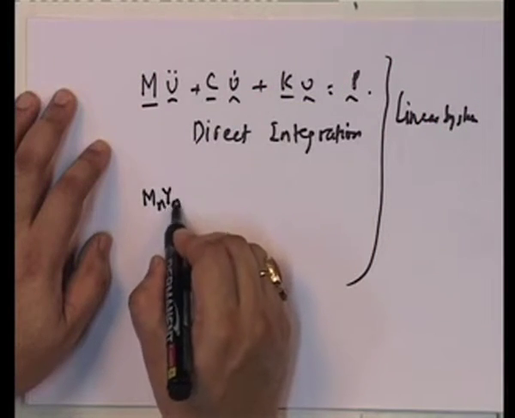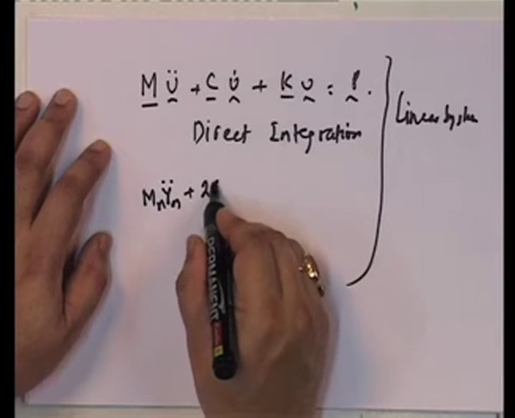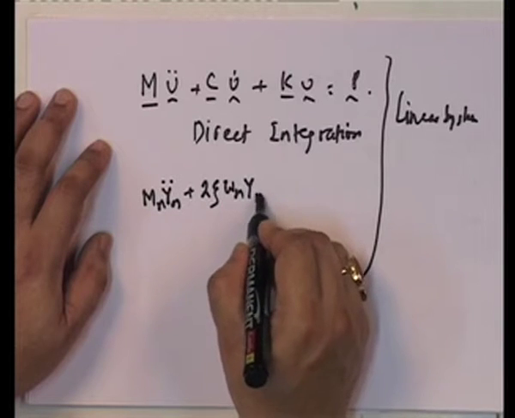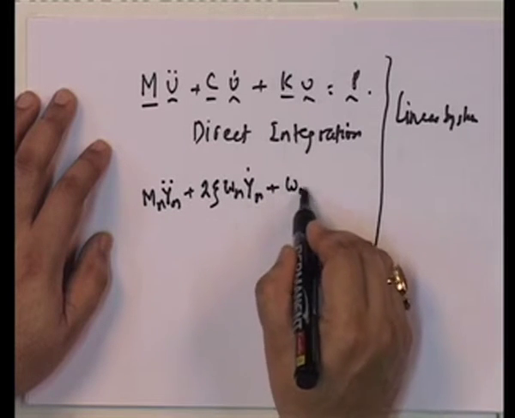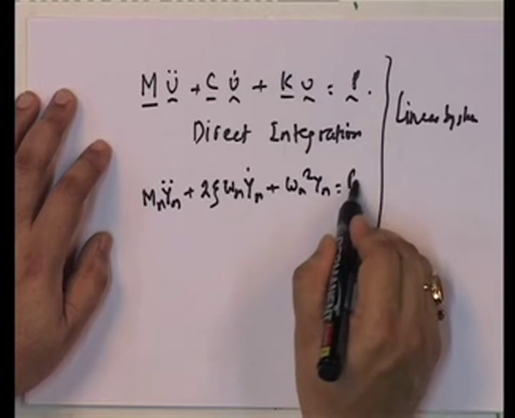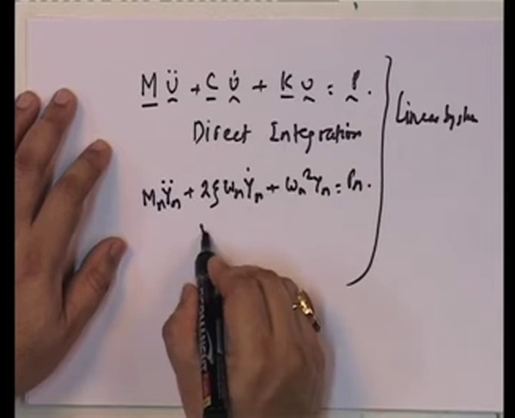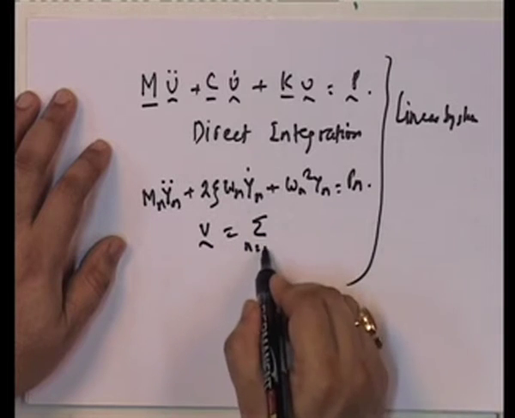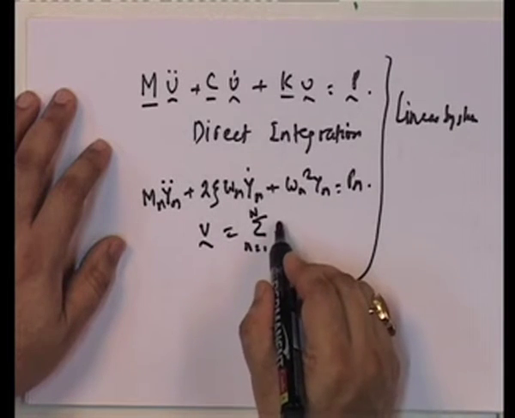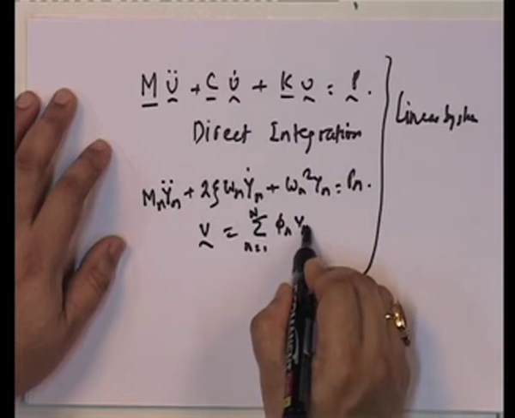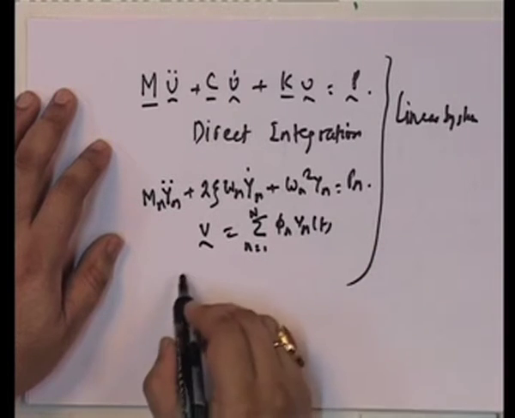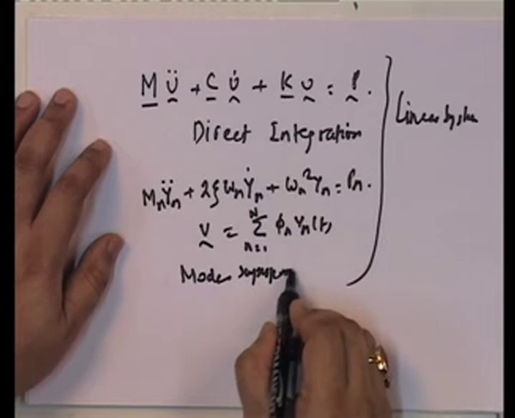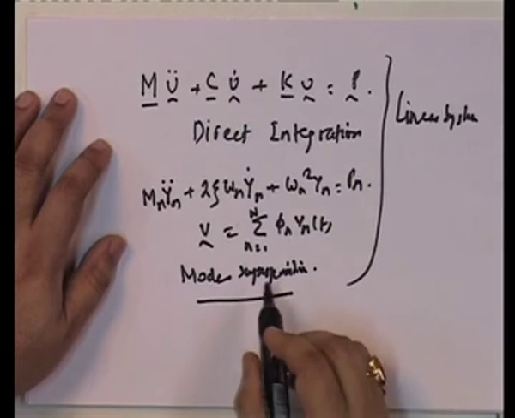Mn Yn double dot plus 2 xi omega n Yn dot plus omega n squared Yn equals Pn, and then saying that V is equal to summation n going from 1 to n of phi n Yn of t, which is mode superposition.